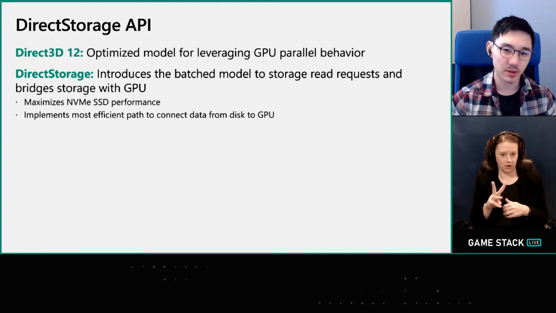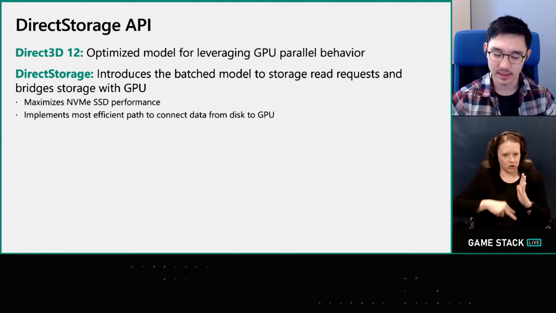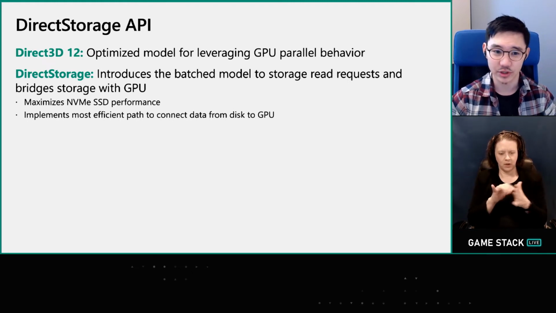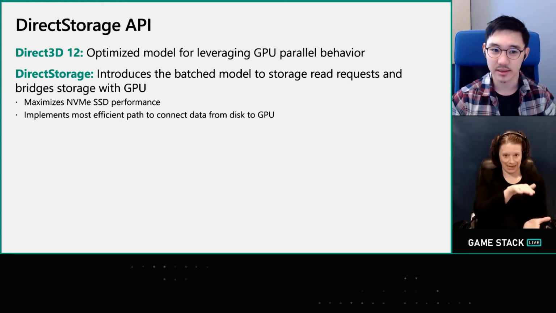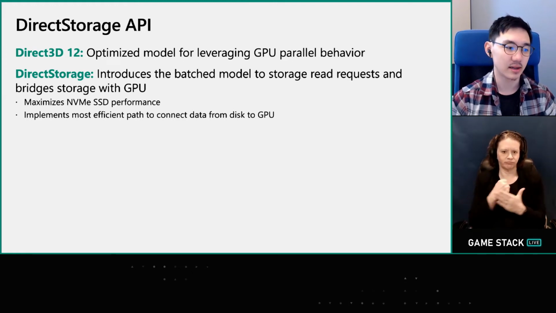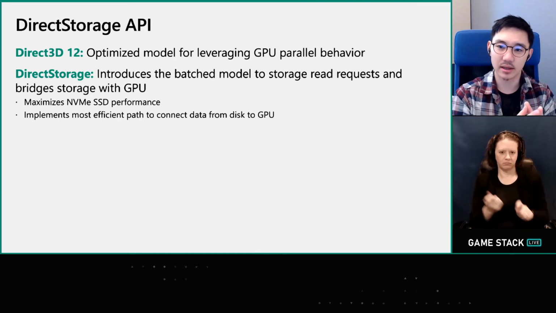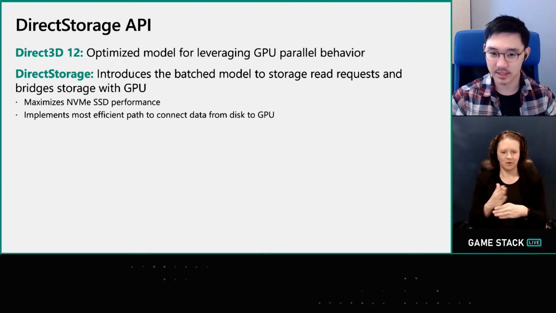It applies that batched model to storage read requests, and it also bridges the storage stack with the GPU in a very, very efficient way. And that helps us maximize NVMe SSD performance, and also helps us remove any loss in efficiency between connecting those two subsystems together.